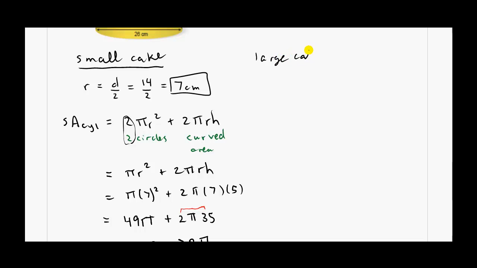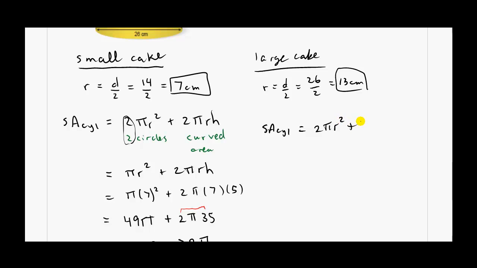Let's go to the large part of the cake. Once again, we recognize that the diameter must be cut in half. Same idea. The formula used will not include two circles. The bottom of the cake is not going to be frosted.